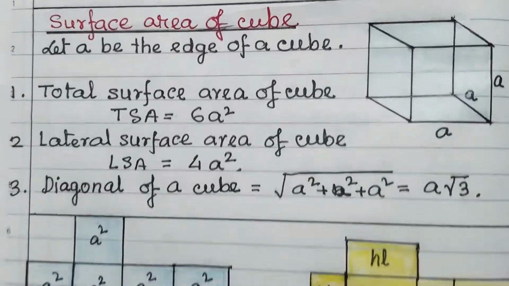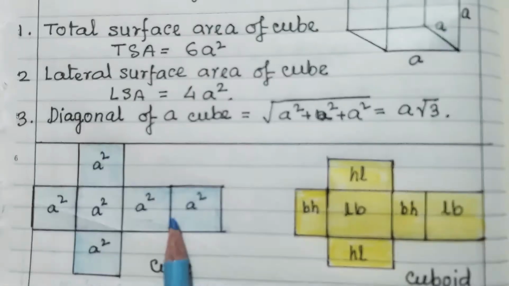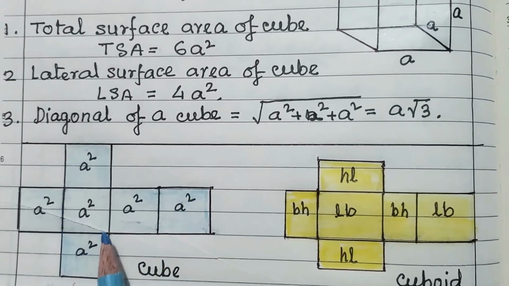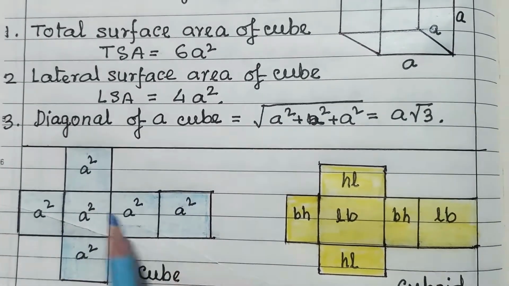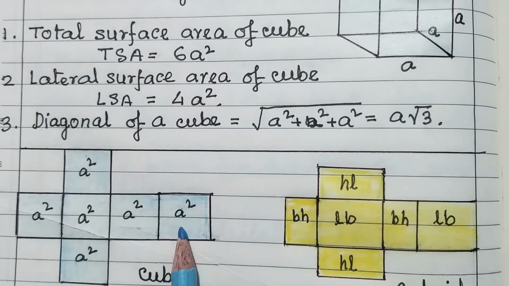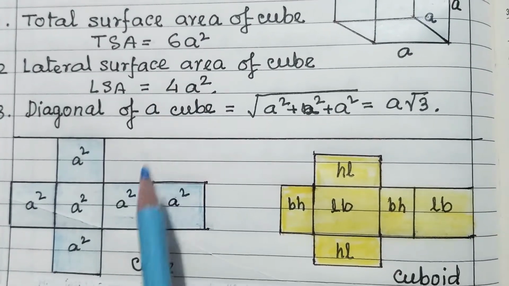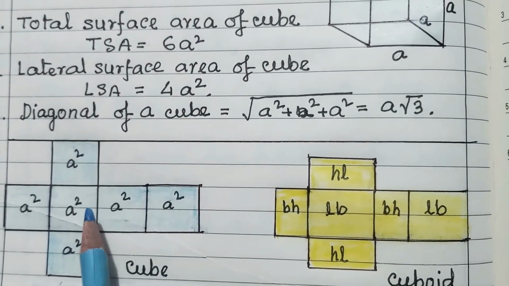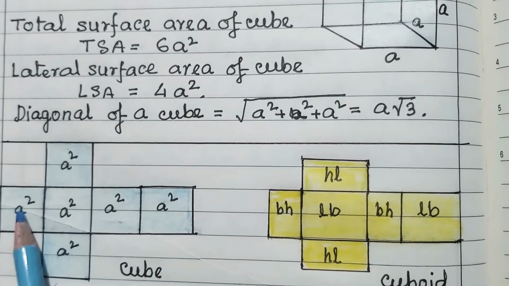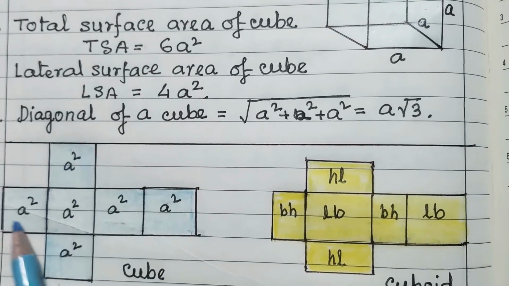Now, if you open a cube, there are 6 faces. You can open it in this way. So there are 6 areas of A square, so it is 6A square. If I take only the 4 walls, not the top and bottom, that is 4A square only.